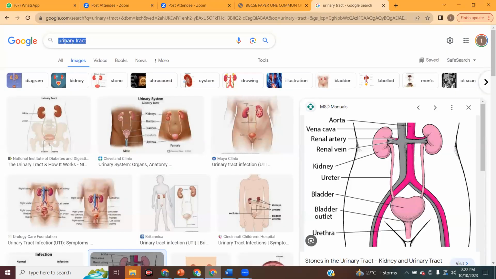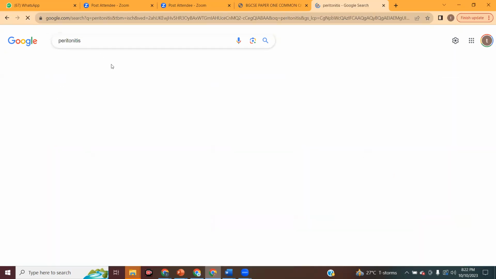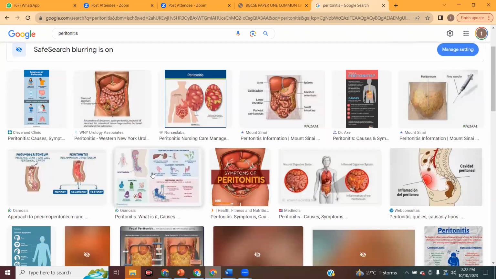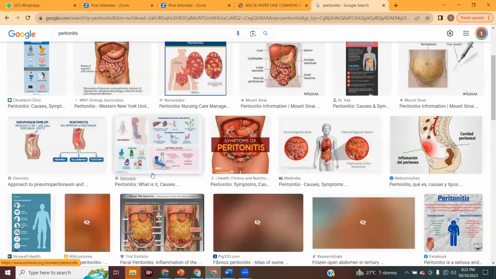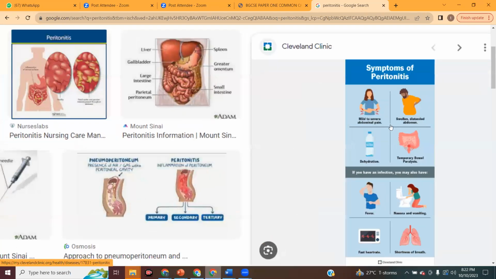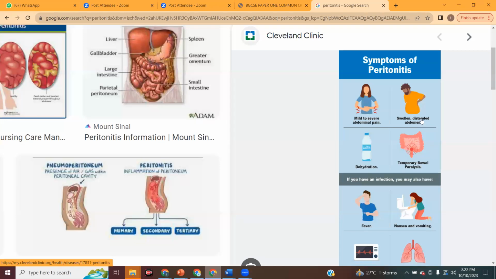I hope this is not gruesome. Oh, inflammation. Symptoms of it are dehydration, fever, nausea, vomiting, abdominal pain.